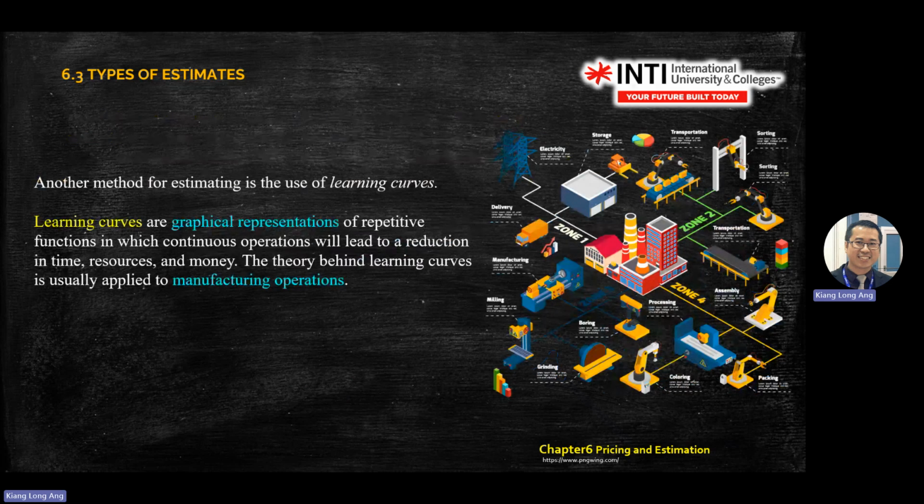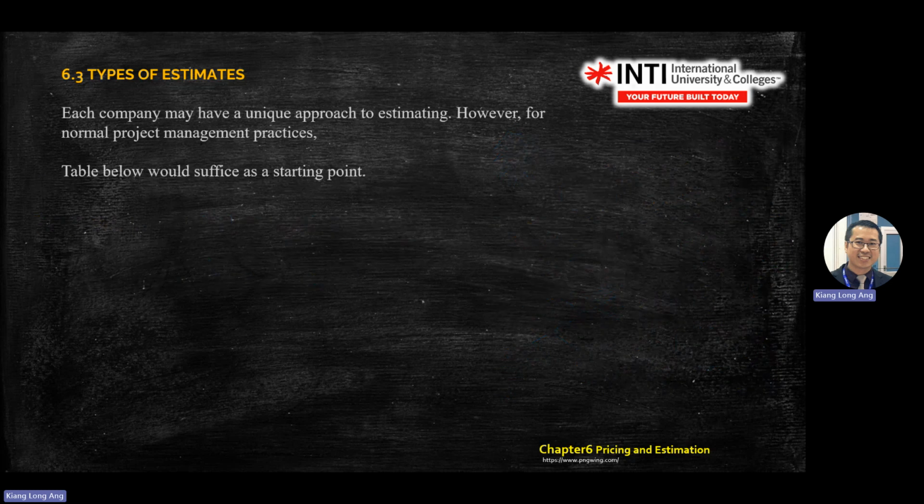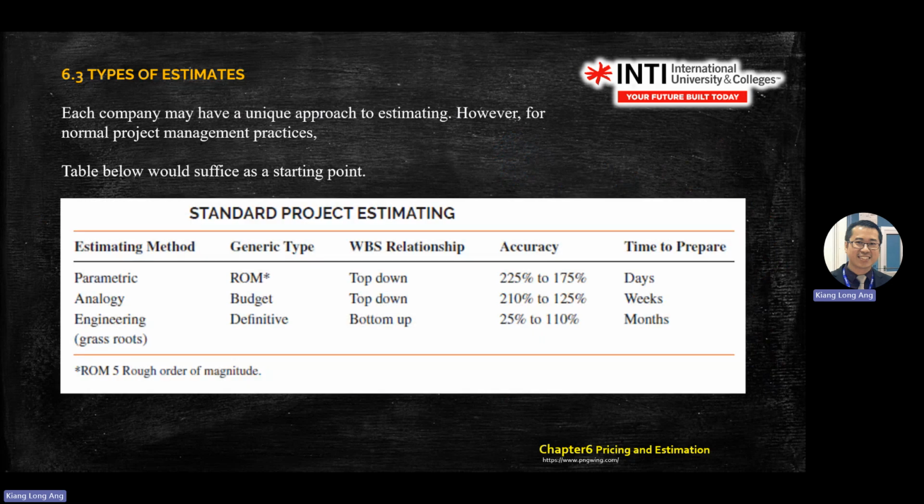Okay. So another method of estimating is to use a learning curve. A learning curve is where you put in big data, then you can plot a graph. Each company has their own way of doing estimates, right?